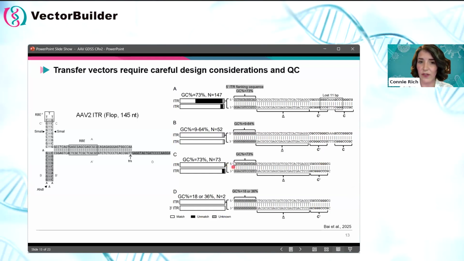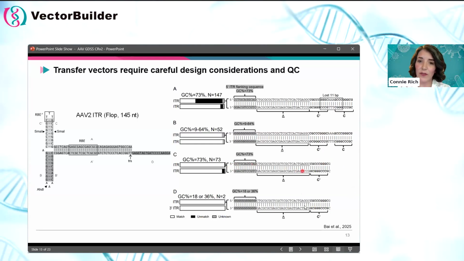And when we're looking at just the 5' ITR, this doesn't tend to cause major issues. As long as the 3' ITR is complete, you can still have a recombinant virus that functions exactly as it should. It still does all the great things that AAV does.